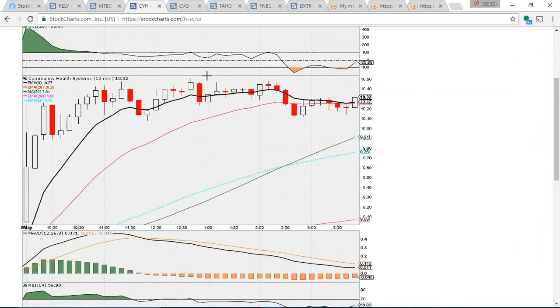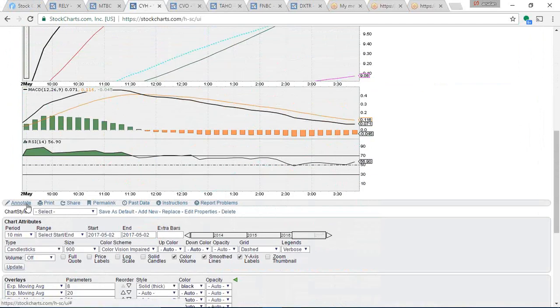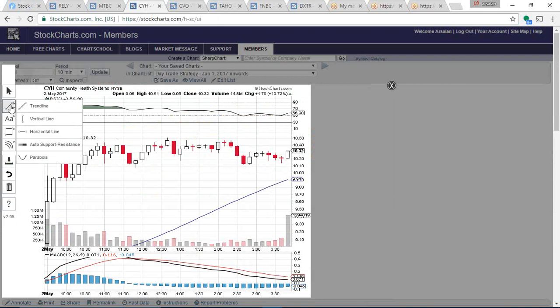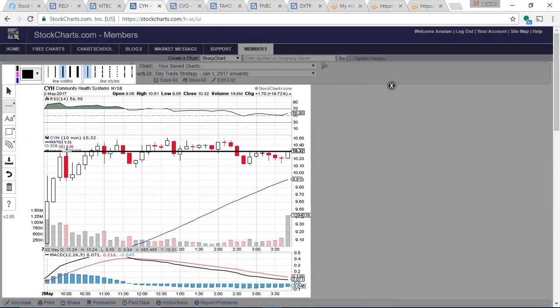And so we do what we do all the time. We draw our resistance after the first 10 minutes. And I'm going to draw my line right over here, at $9.60 is my resistance.